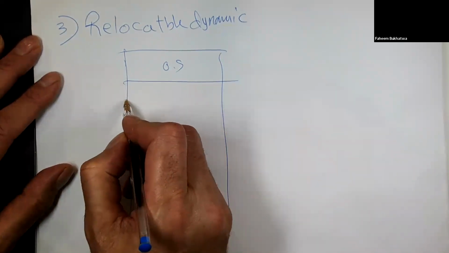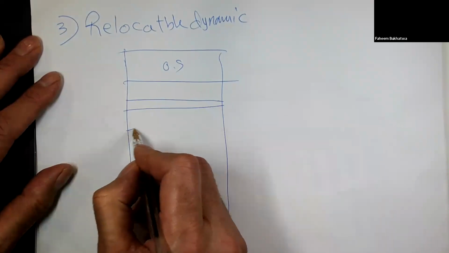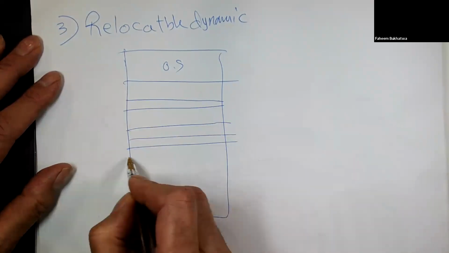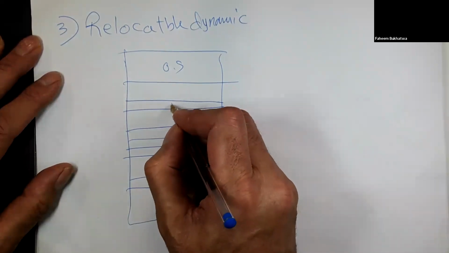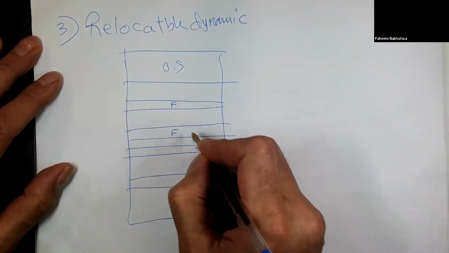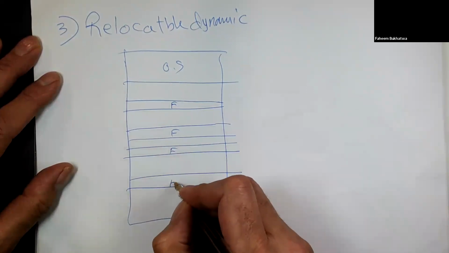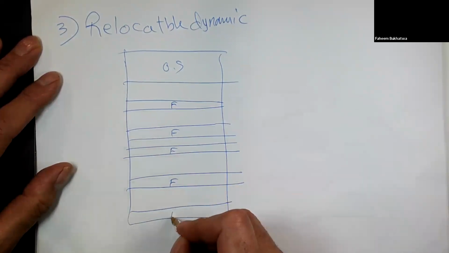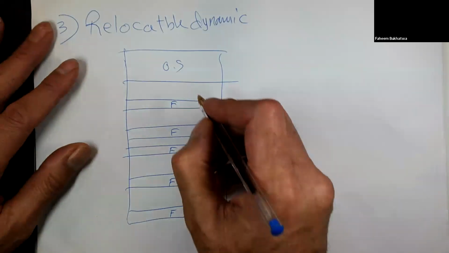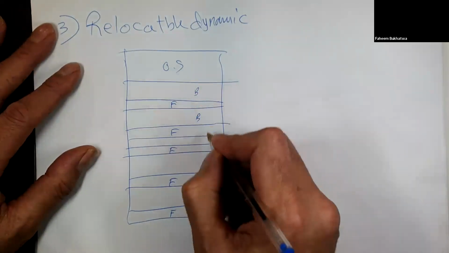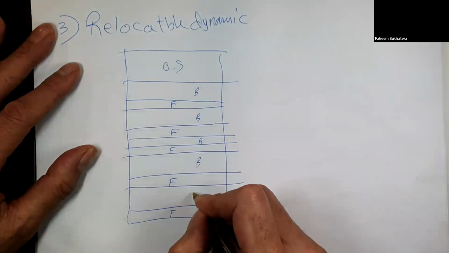All right, so let's imagine this. This is a free space, that's another free space, that's another free space, that's another free space. They're not next to each other. The rest of them are busy blocks. So this is busy, busy, busy, busy, and busy.